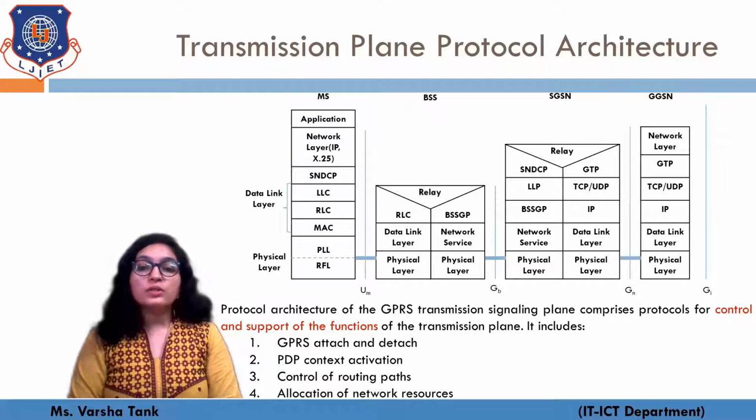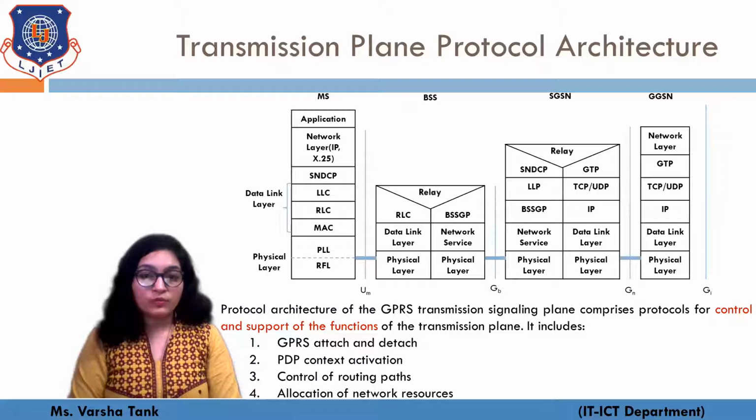These are the protocols related to these nodes. The protocol architecture of the GPRS transmission signaling plane comprises the protocols for the control and support of the functions of the transmission plane. What does it include? It includes the GPRS attach and detach, the PDP connections, the control of the routing path, and so on.